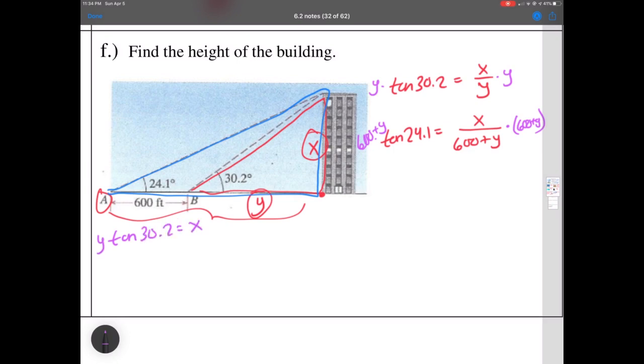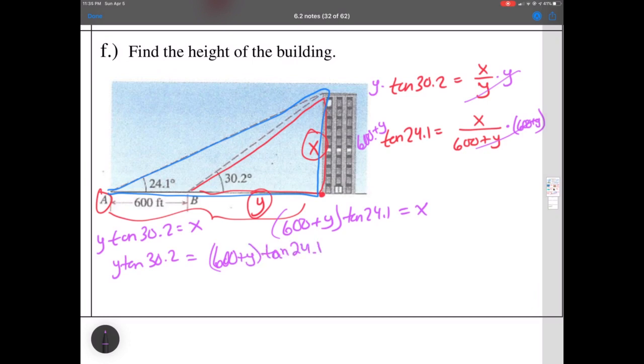And the other one says 600 plus y times tangent 24.1 equals x. Now that they both equal x, I can set them equal to each other. So y tangent 30.2 equals 600 plus y tangent 24.1. What you want to do here is distribute the tangent of 24.1.